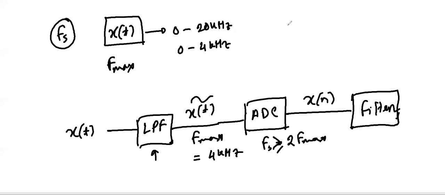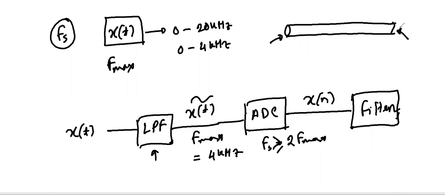For example, a copper wire: you are giving some kind of input, and you want to get the signal from the other end. Whenever you increase the frequency in the input, of course, you'll find that after a certain frequency range, you are not getting the actual original signal.